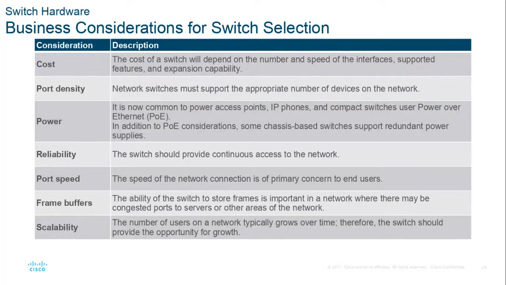So here are our considerations for selecting the switch. What's the cost going to be? Well, gosh, $500 for a standard 24-port Ethernet switch, or if we're really, really cheap, they go down to the office supply store and buy not an enterprise level switch, but a consumer switch or a small business switch. Port density: we have to have enough in our wiring closet and outside in the hallway.